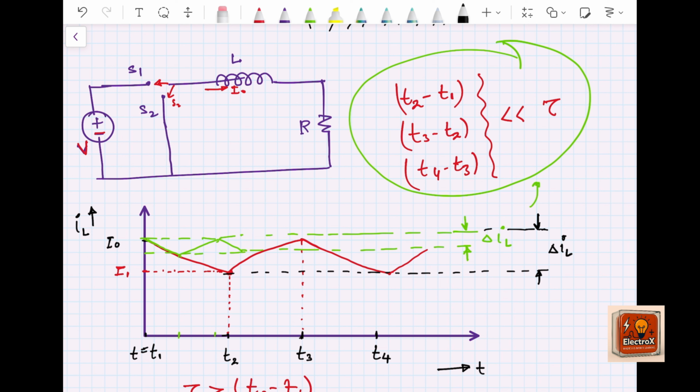We can either increase the voltage or decrease the output voltage, and they are called the boost converter and the buck converter respectively.